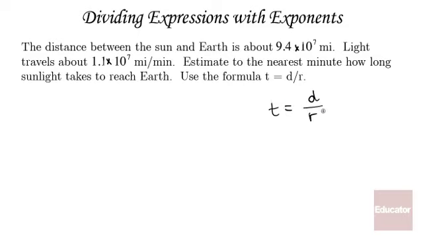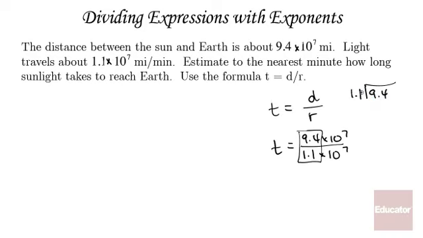And let's put in substitution. We know that the distance is 9.4 times 10 to the 7th, and we've found out that light travels at a rate of 1.1 times 10 to the 7th. So just like before, we're going to divide the decimal portion. Can't divide with the decimal out here, so I'm going to move it over 1, move it over 1.